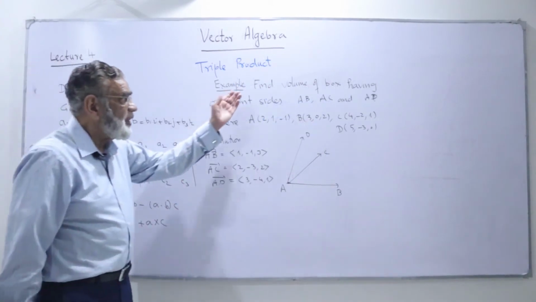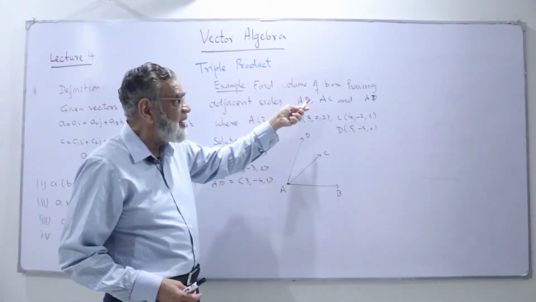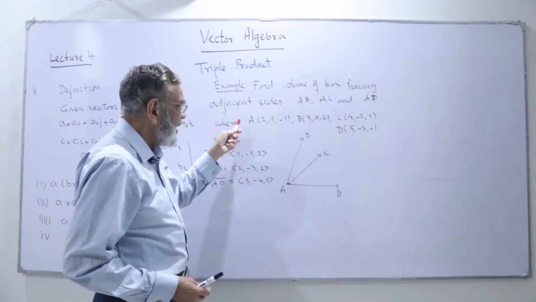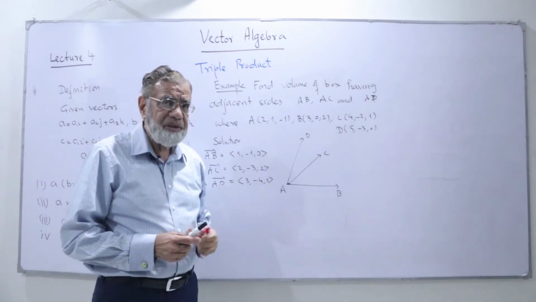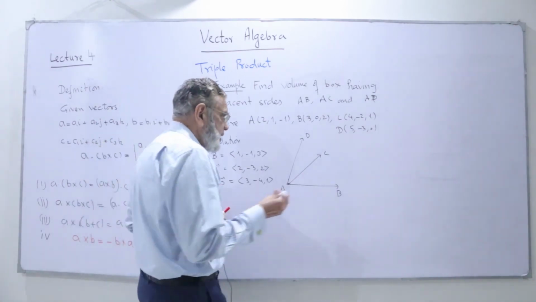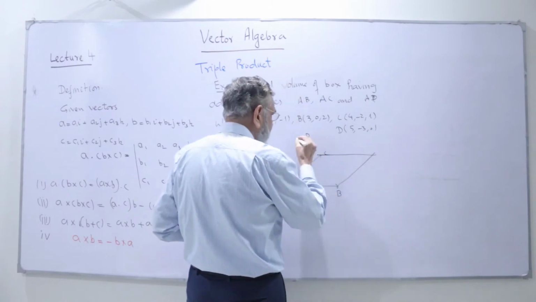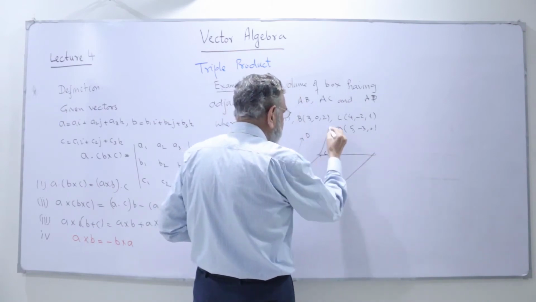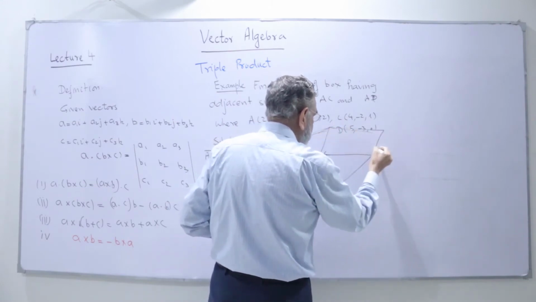We take an example. We want to find the volume of the box having adjacent sides AB, AC, and AD, where A, B, and C are given. Adjacent sides are those meeting at a point. Then we can complete the box or the parallelepiped. This is the base, and then here are the other sides of the box, and this is my box.